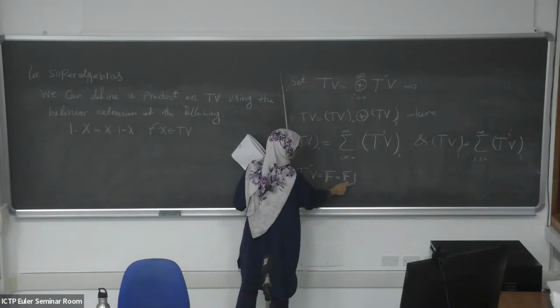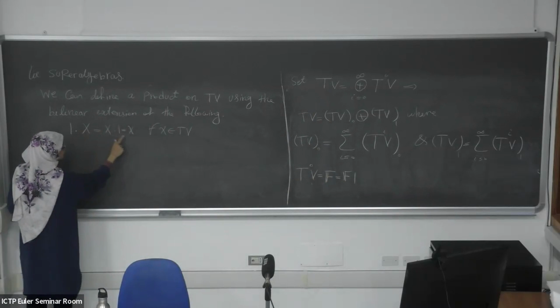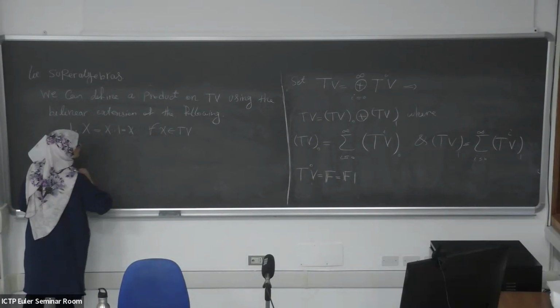Okay, so this TV has a unit. Its unit is just the unit of F, and I define 1x to be x for all x in TV.